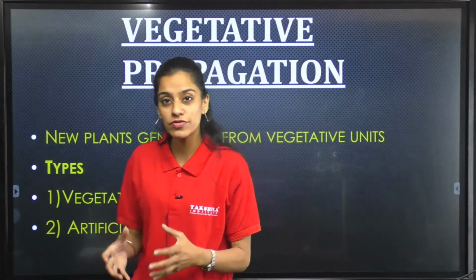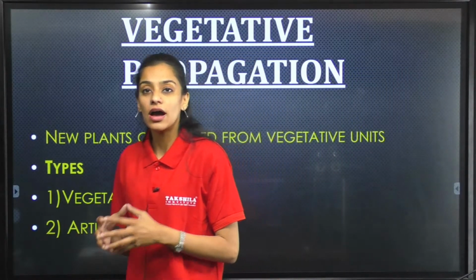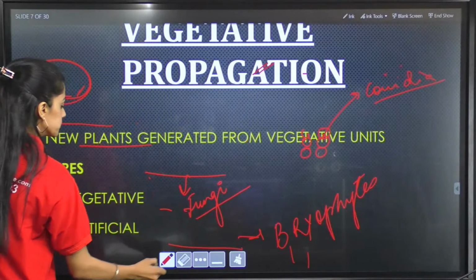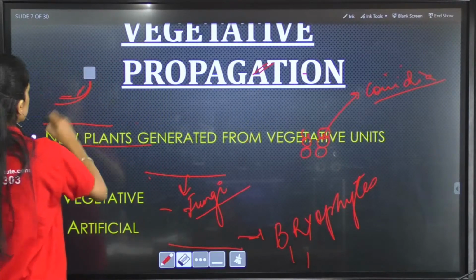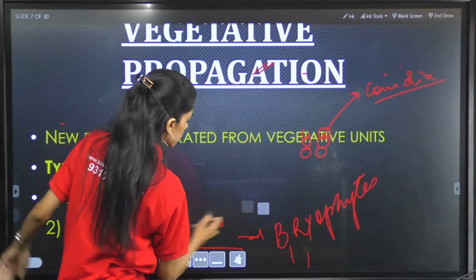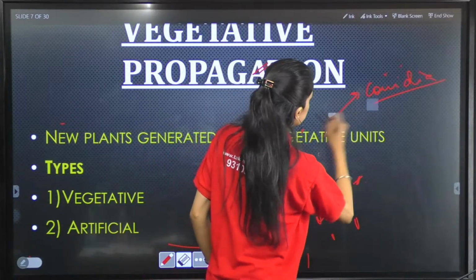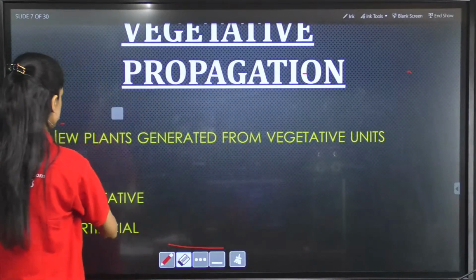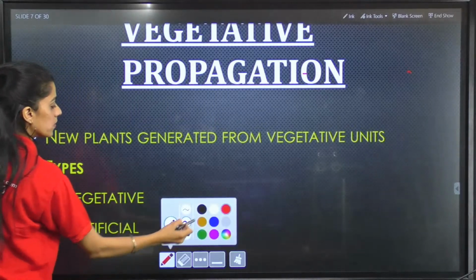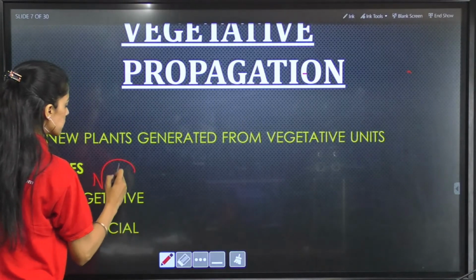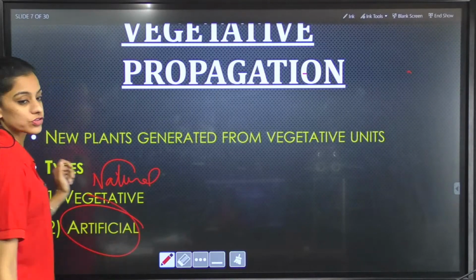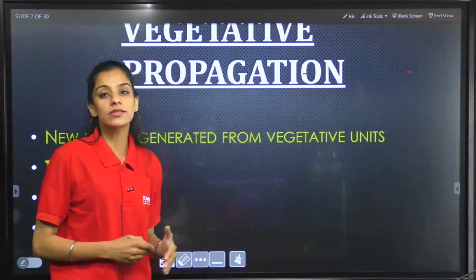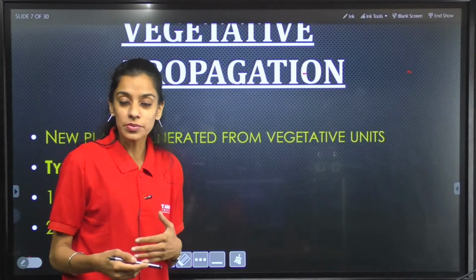Right. So new plants are generated from the vegetative units, and there are two types. One is natural vegetative, and the other is artificial. You have the natural vegetative units, and you have the artificial vegetative. Obviously, those which are naturally propagated will be natural vegetative, and those which are artificially propagated will be artificial, where we are germinating it or making it happen.